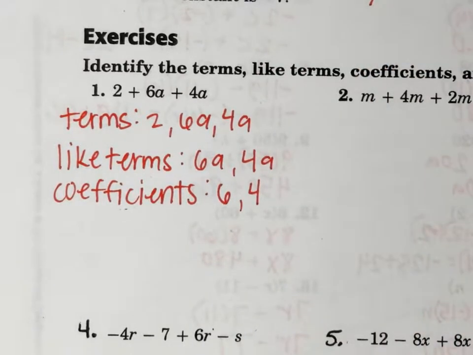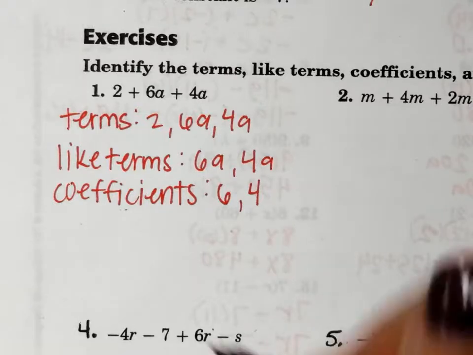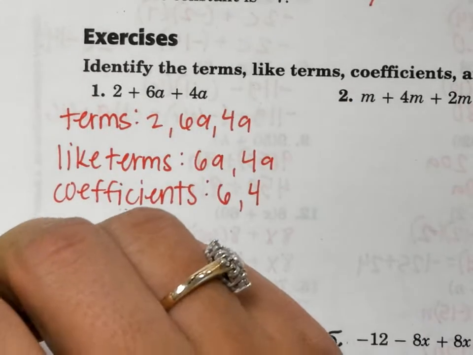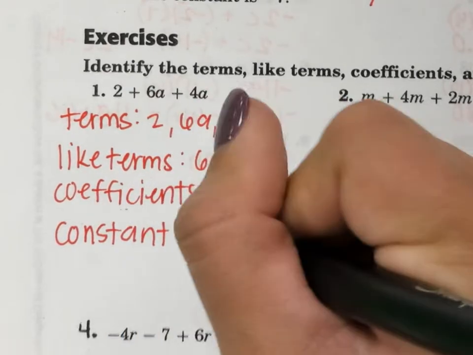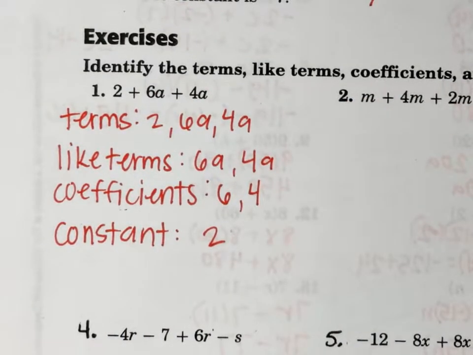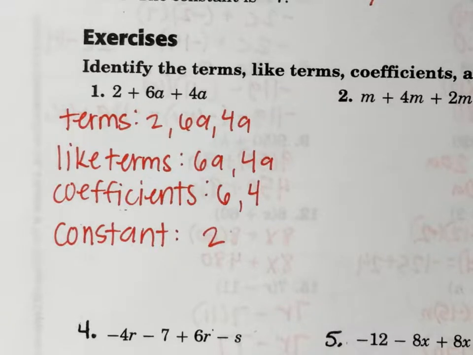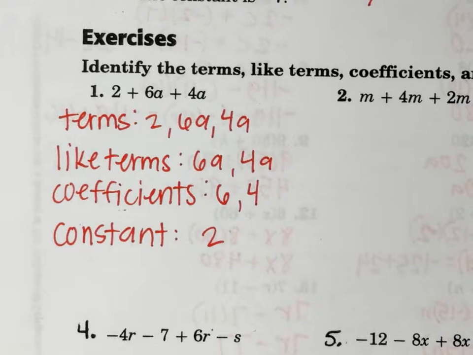So it's 6 and 4. Do I have a constant? What is it? Good. My constant is 2. So my like terms share the same variable, and my coefficients are those numbers in front of my variables.